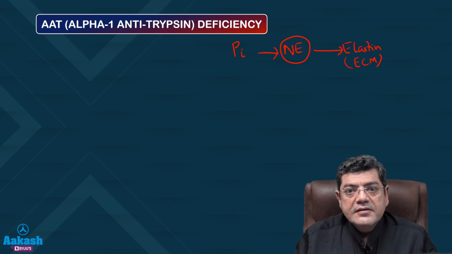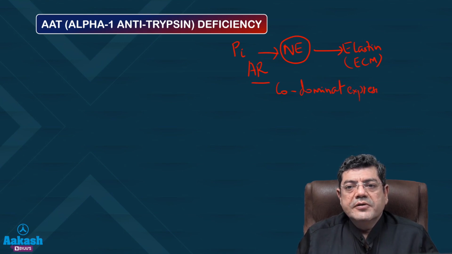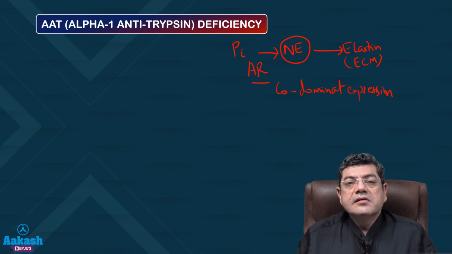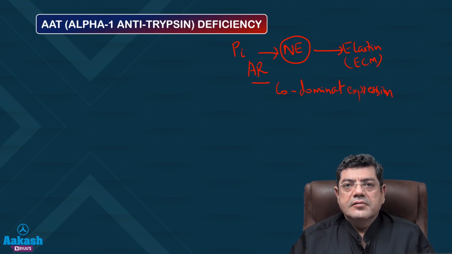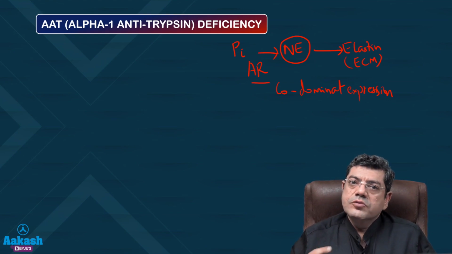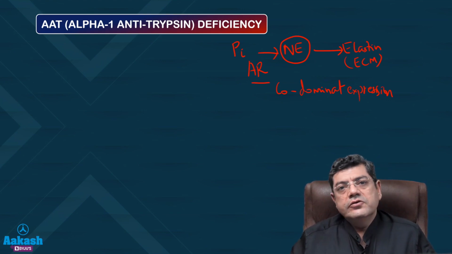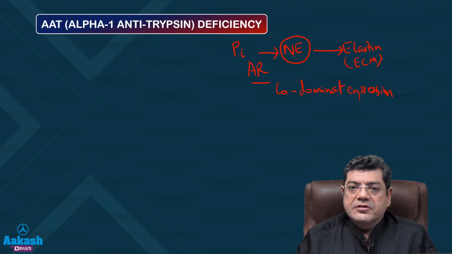The deficiency is an autosomal recessive disease with codominant expression. What does codominant mean? Codominant means that both the alleles contribute equally to the phenotype, the clinical expression.